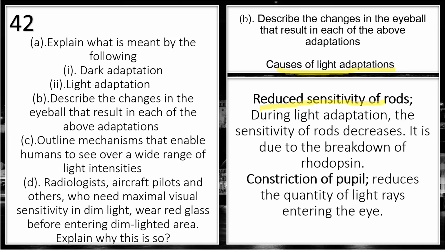Reduced sensitivity of the rods. During light adaptation, the sensitivity of rods decreases. It is due to the breakdown of rhodopsin. Constriction of the pupil reduces the quantity of light rays entering the eye.